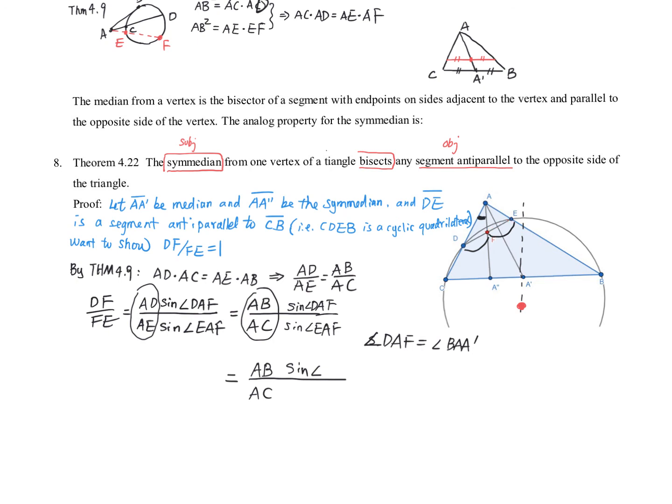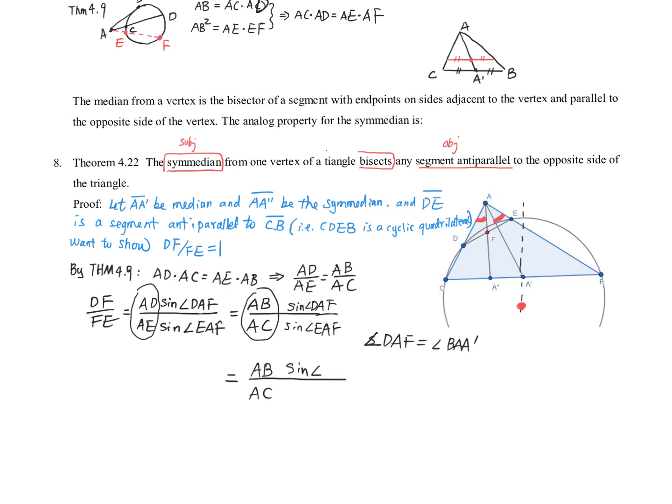I'm going to delete these little drawings there. What I'm saying here is DAF, which is this angle, should be equal to this angle. Why? Because this is the symmedian of the median, so therefore these two angles have to be equal.